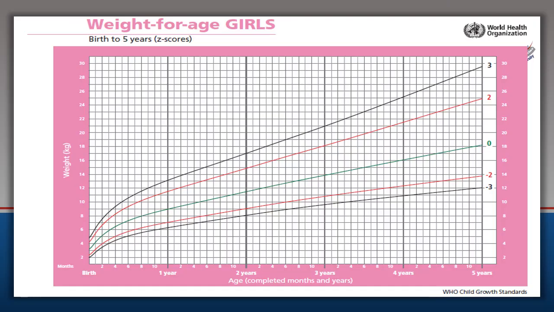It is pink in color, so it's for girls. It is also weight for age, as we see on the y-axis the weight in kilograms and on the x-axis the age. By plotting age against weight and finding on which curve they meet, we decide either it is normal if it's on the 0 line, or overweight, underweight.